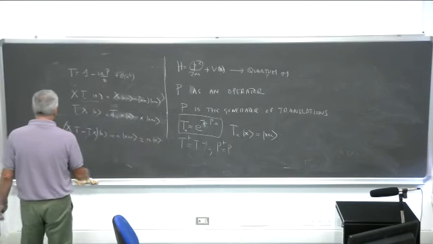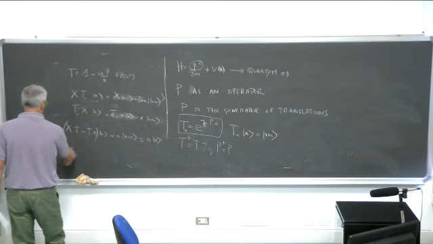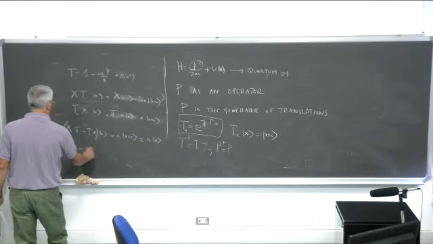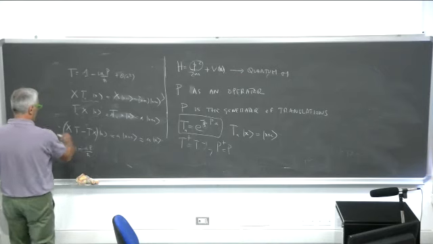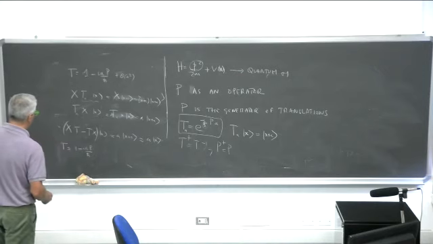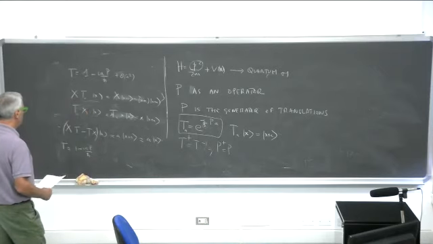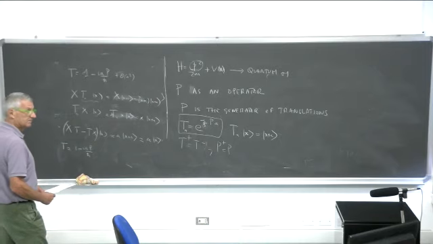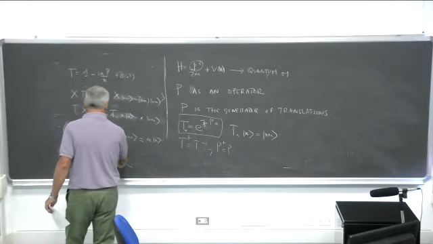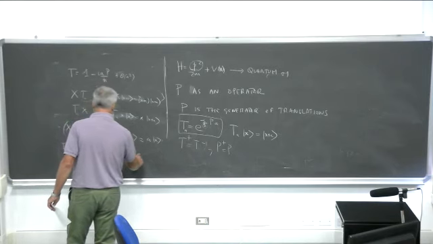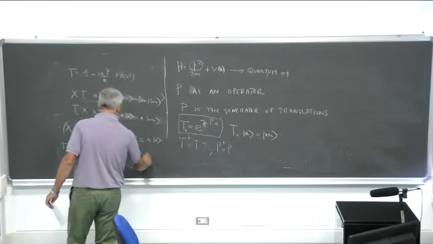And now use that T is 1 minus I A P over H bar to this order, and compare the order A, and you get the commutator of X and P. You get that the commutator of X and P is I H bar.